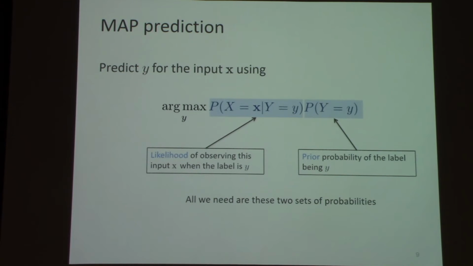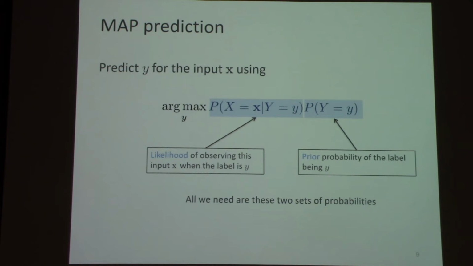So let's examine this slightly more closely. We want to predict the label that has the highest product of the likelihood and the prior. What do the likelihood and the prior mean in this case? The likelihood says, what is the probability of observing this example if the true label was y? For instance, you can ask, if the true label is spam, what is the probability that this would have been the email I would get?